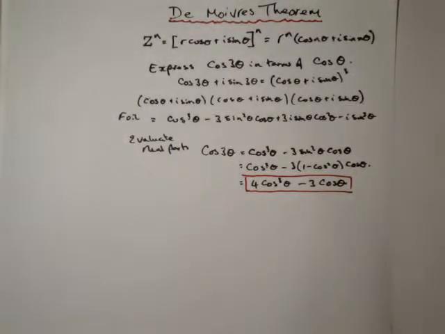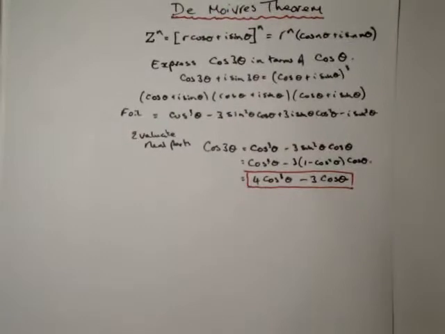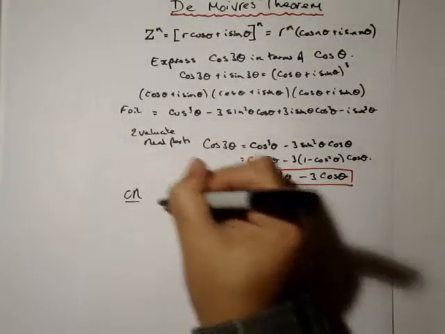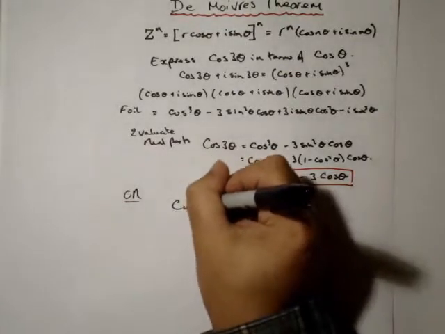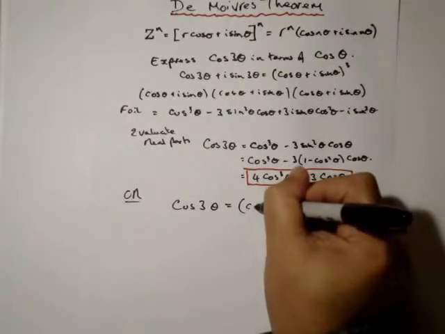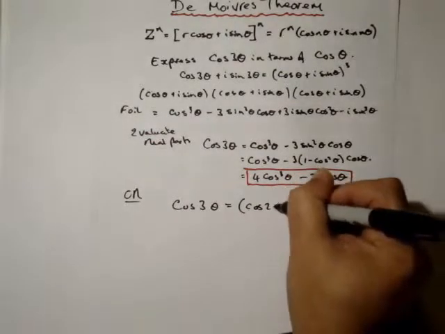If we wanted to confirm that, we could use some trig. So let's do an alternative. We say our cos 3 theta equals cos 2 theta plus theta.